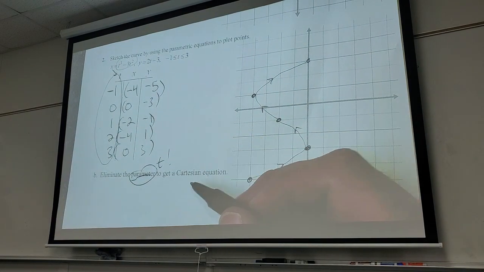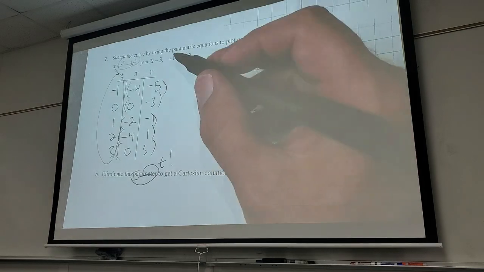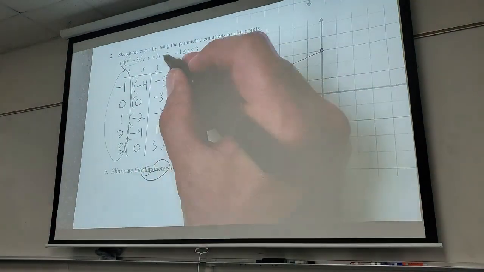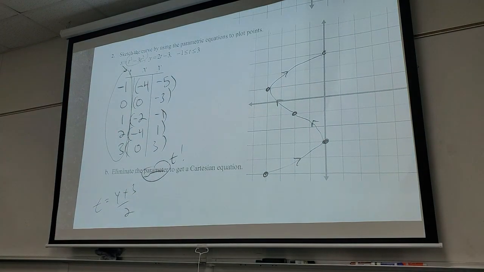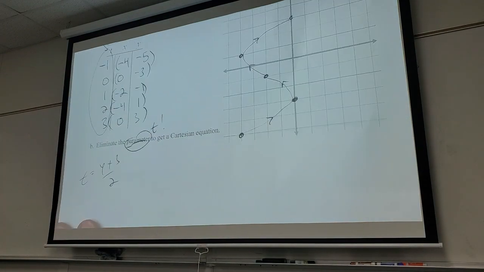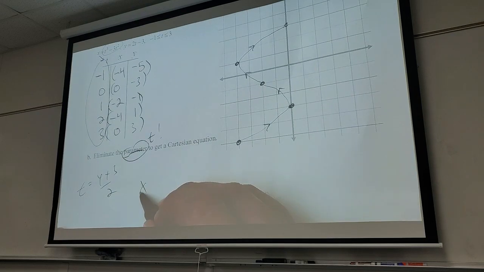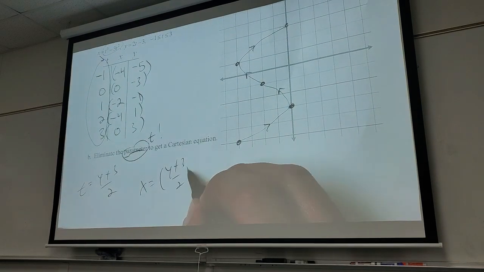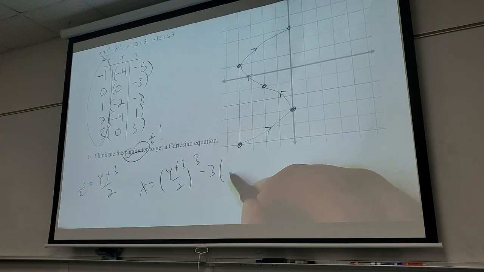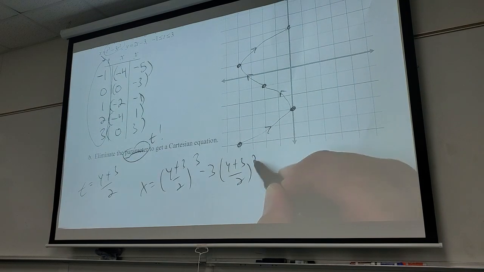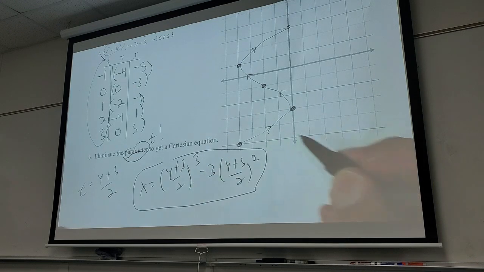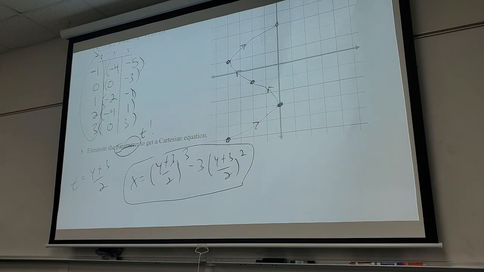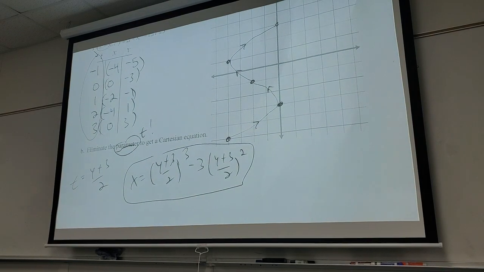I don't know how to solve x for t. So if I take this and solve it, I'm going to add 3 divided by 2. So I get t equals y plus 3 divided by 2, yes? And then I can shove that into x. So x equals y plus 3 over 2 cubed minus 3 times y plus 3 over 2 squared. There is absolutely no need to multiply that out.